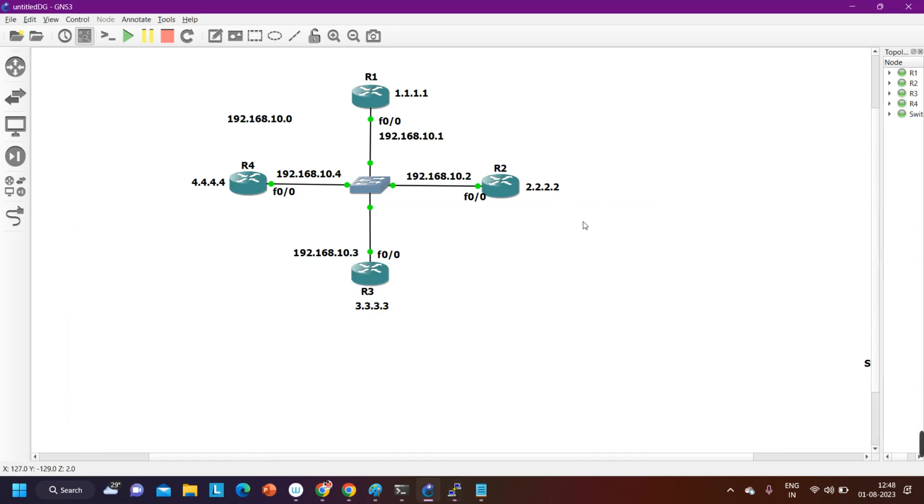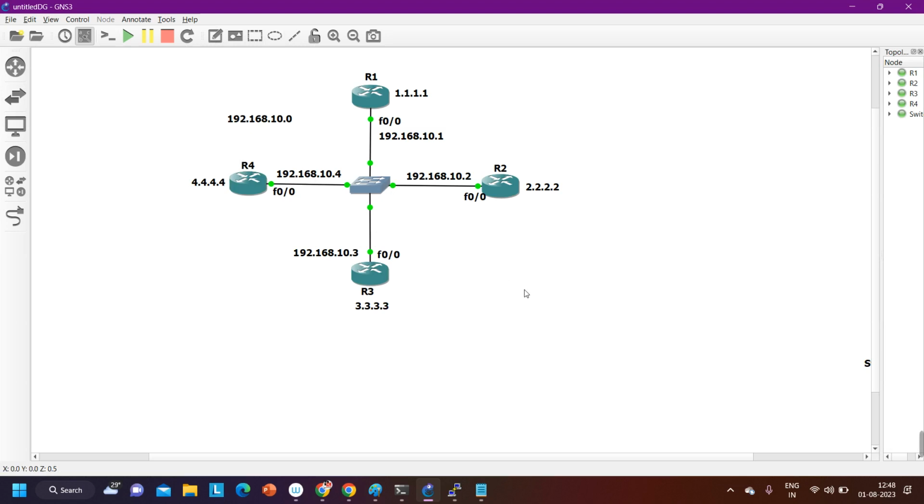Which router should be DR? This can be your question. As you know, the DR router has some more load, so the hardware configuration of the DR router should be good. Out of these 4 routers, say router 4 has the good hardware. So your router 4 should be DR.